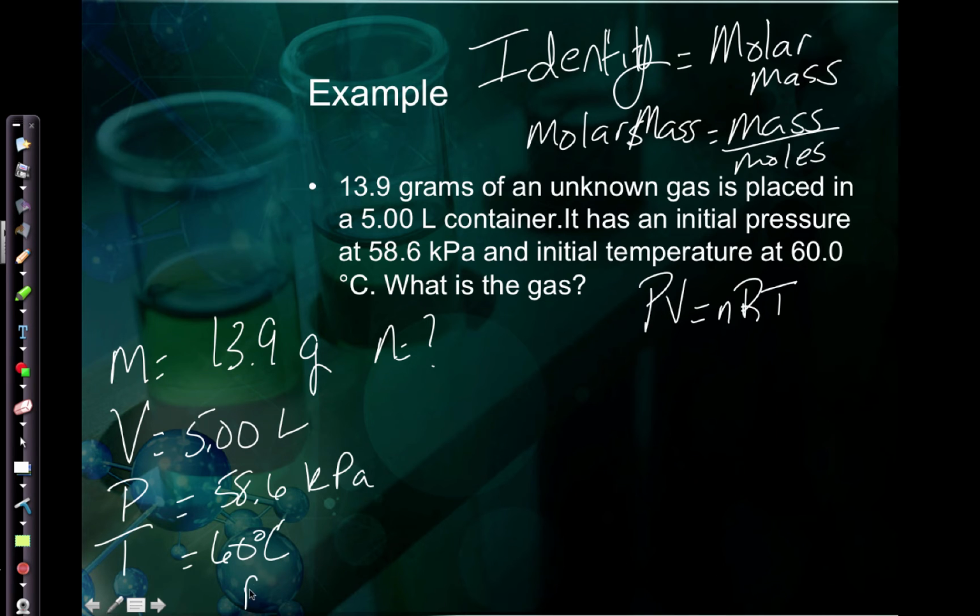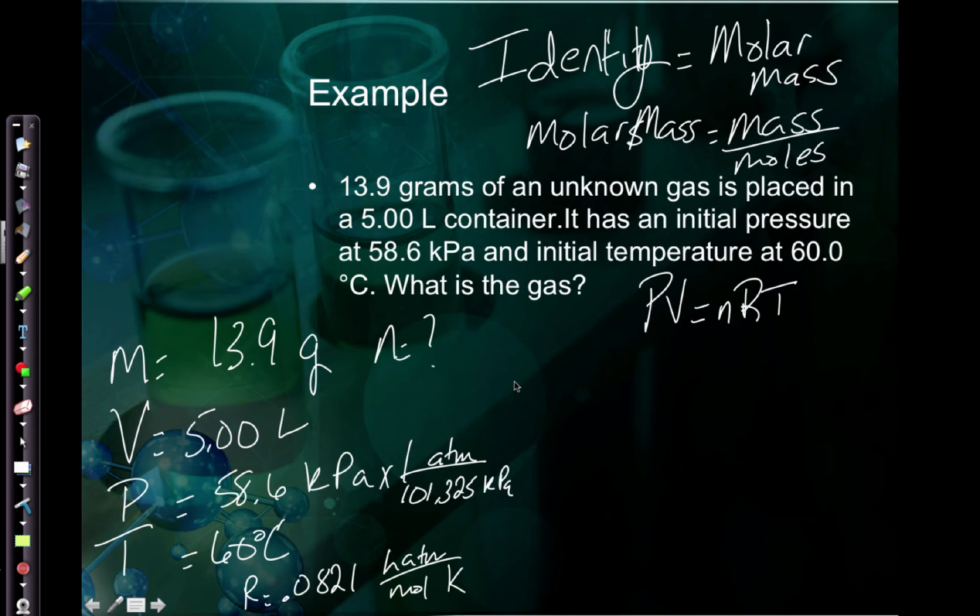R is equal to 0.0821 liter-atmospheres per mole-Kelvin. I'm looking for moles, so that doesn't matter. I have liters and liters, but kilopascals and atm, so I'm going to have to convert. 1 atm is equal to 101.325 kilopascals.